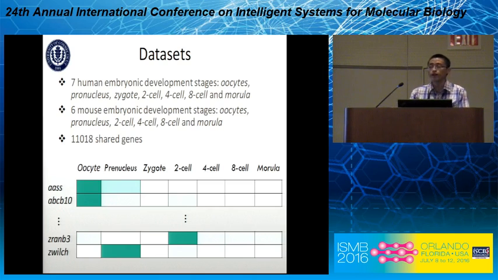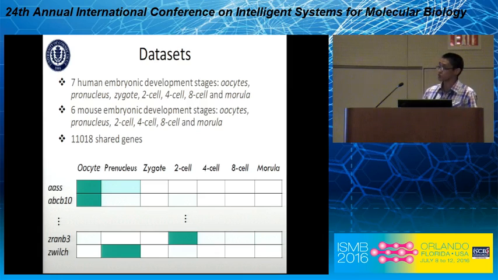For mouse, we have data for 6 development stages, including all the stages that human has except the zygote. Across these two data sets, we have 11,018 genes in total shared by them.